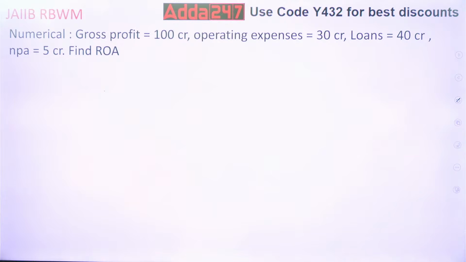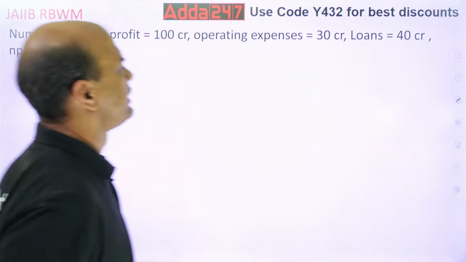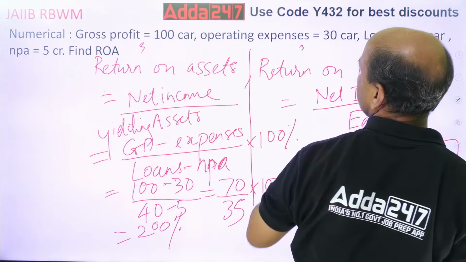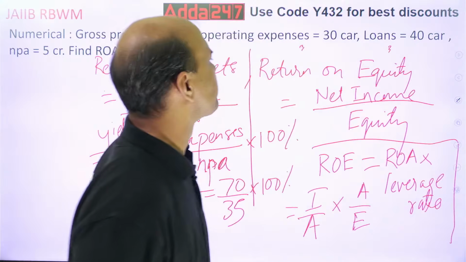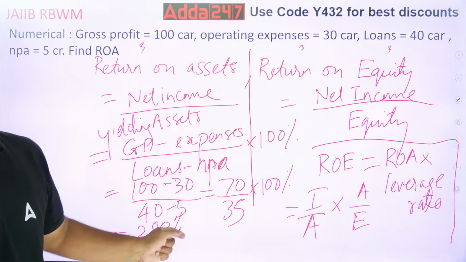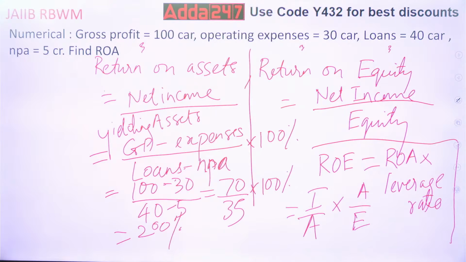Okay, let me see. Let me see if I have solved this. If not, then I'll solve it here only. Yeah, solved it. So this 200% you got it, right? Who got 200%? Navesri. Okay, correct. You got it right. 200% is the right answer.